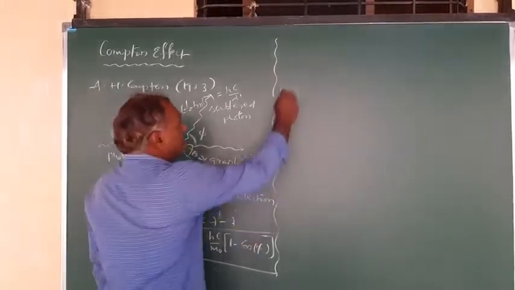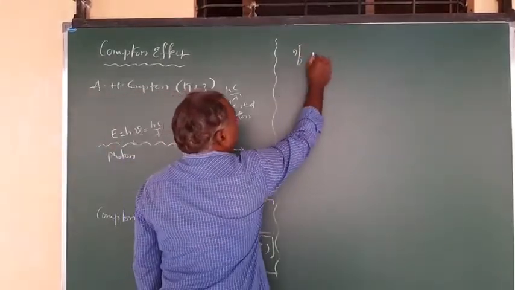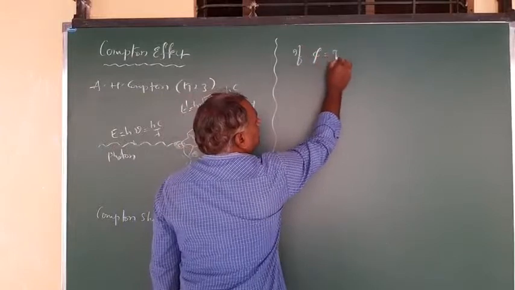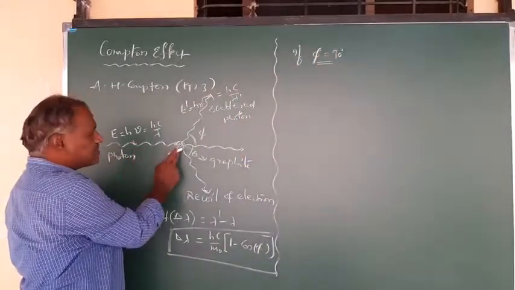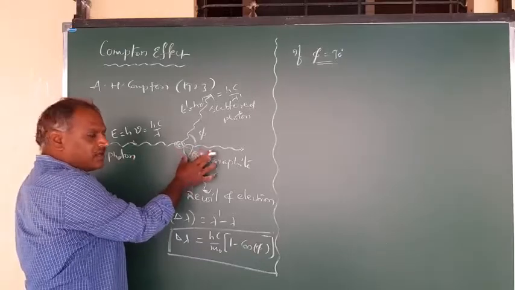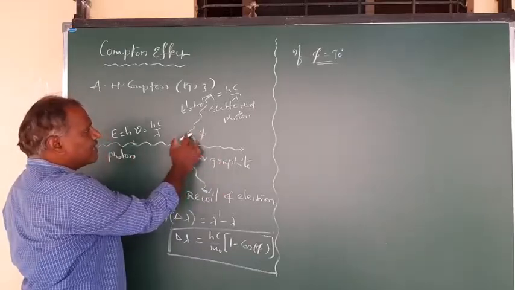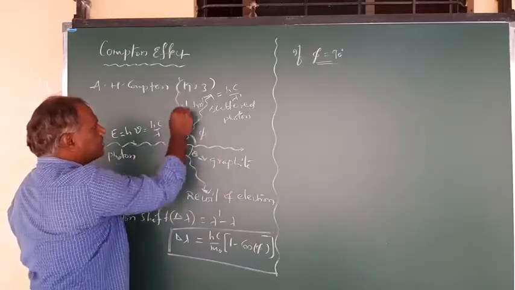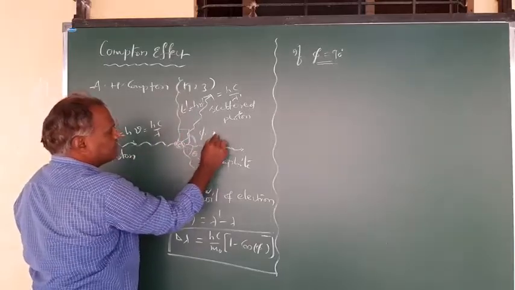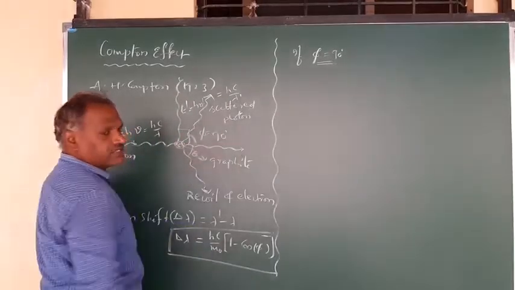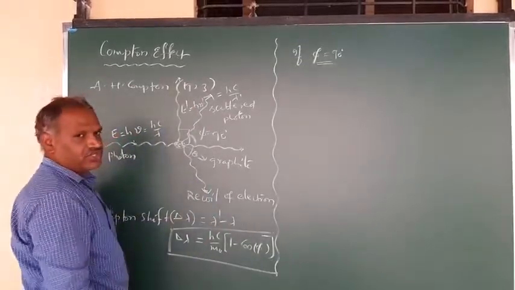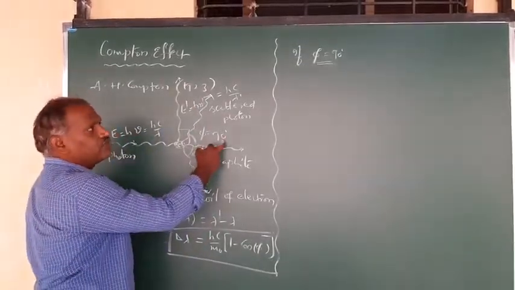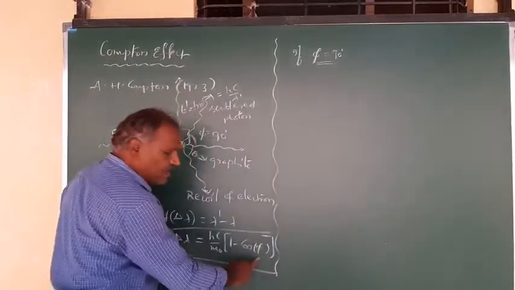If the scattering angle is 90 degrees, that means after the interaction of this X-ray photon with the matter, graphite, the scattered photon goes in this direction or maybe in this direction. So phi is 90, and cos 90 is 0.